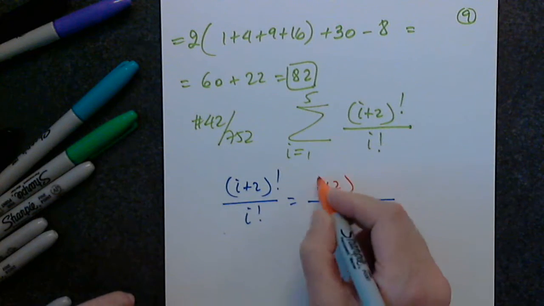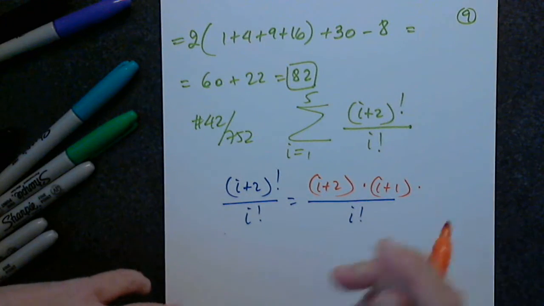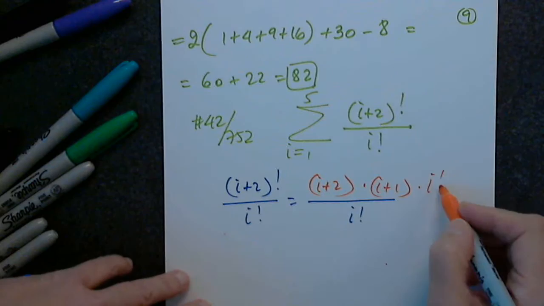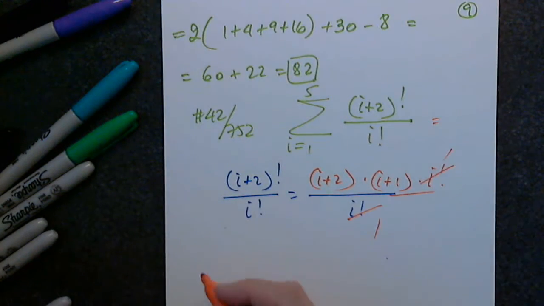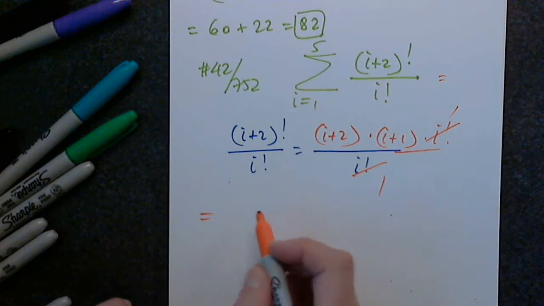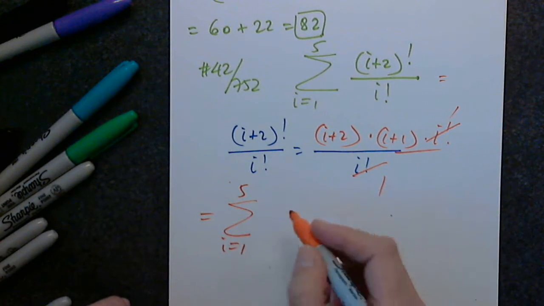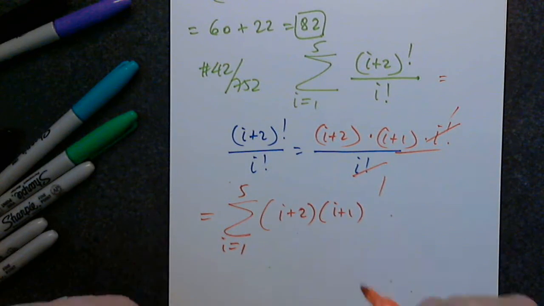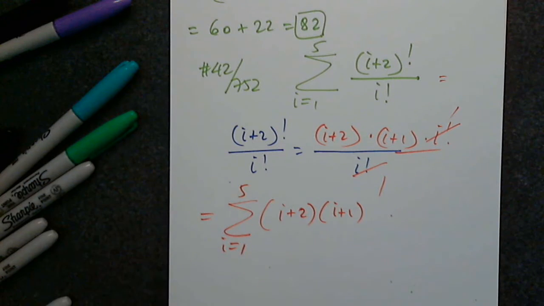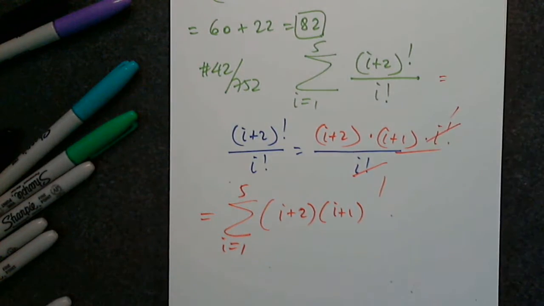Yes, (i plus 2) times (i plus 1) times i factorial, so we can get rid of it. So now you can still use the calculator if you like, and we will, because now we know what all this means. But be very careful how you plug it in, because if you don't put parentheses around this product, then you're not going to get the correct answer.